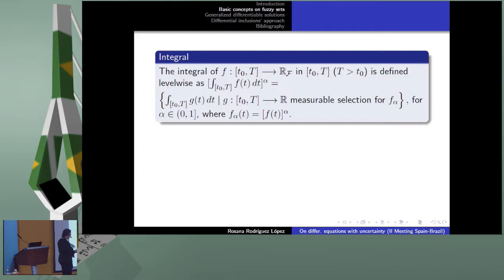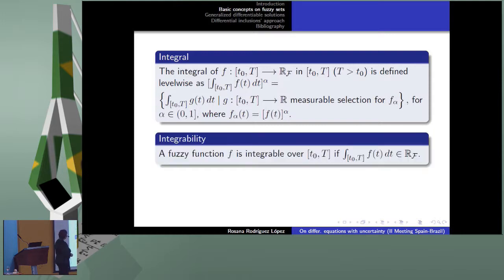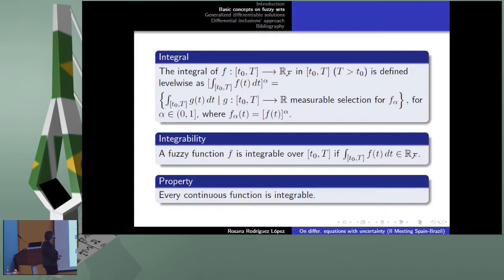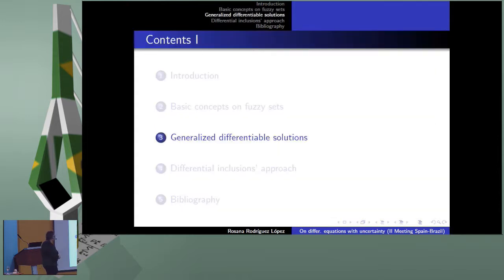This is an Aumann integral, and it has quite good properties. In fact, any continuous function on a compact set with values in the set of fuzzy intervals is going to be integrable with this definition. So we can proceed with this concept and define a differential equation.